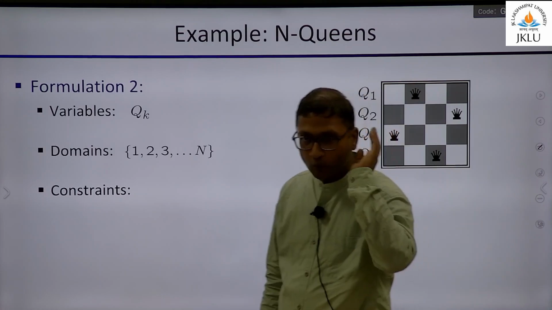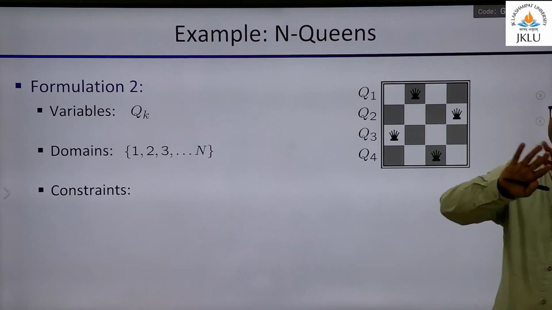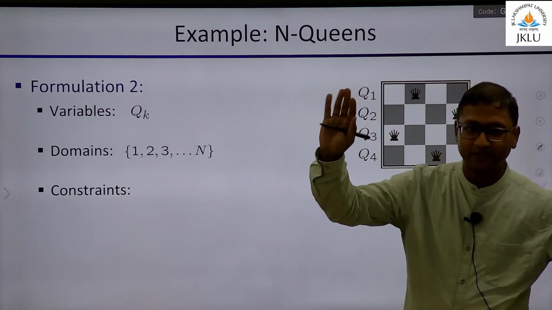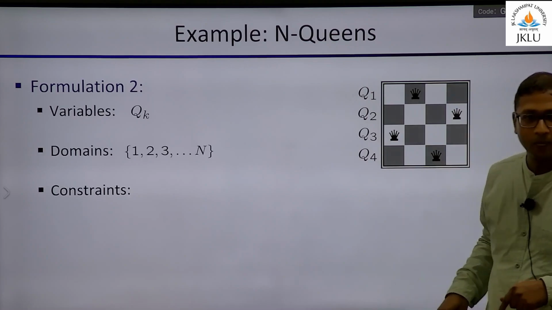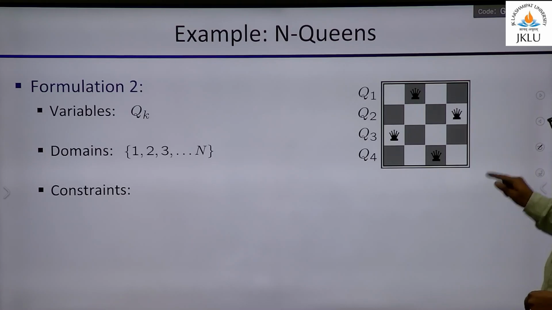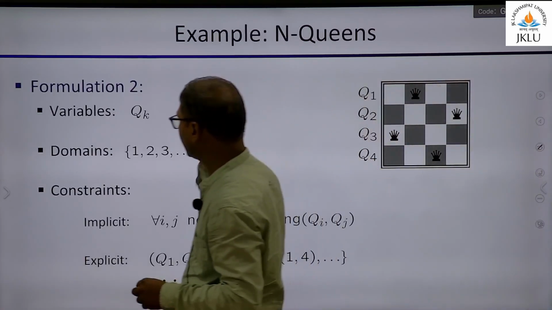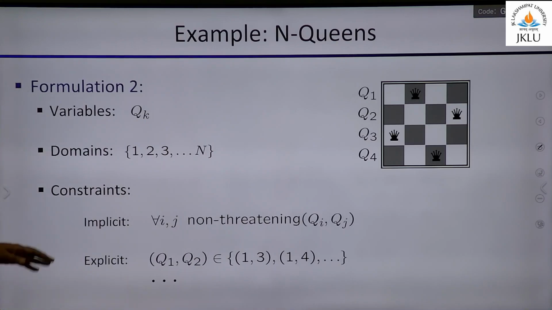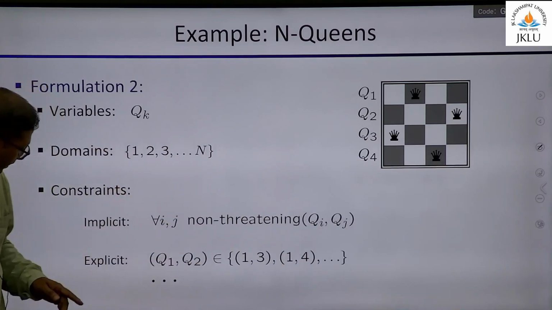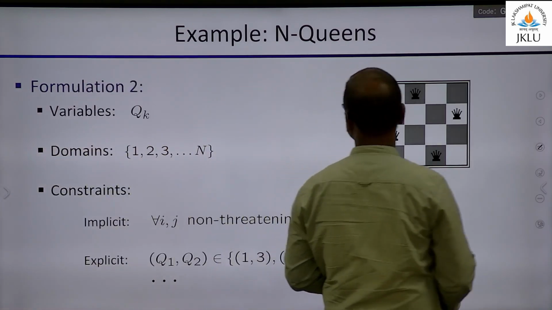So that was one formulation of the problem. Okay? कोई बात नहीं. We'll do NP completeness. Come back here. N queens, another formulation, right? So this time I'll give you the complete formulation. Variables qk, domain is 1 2 3 4 up to n, constraints are this. Okay, what is happening in this case? मेरे को बताना.